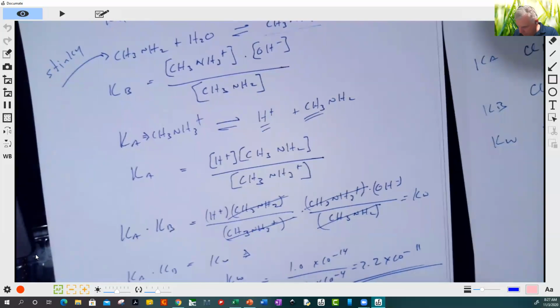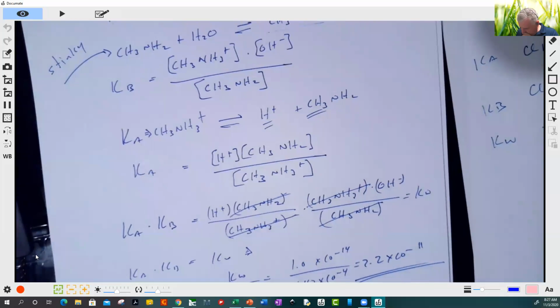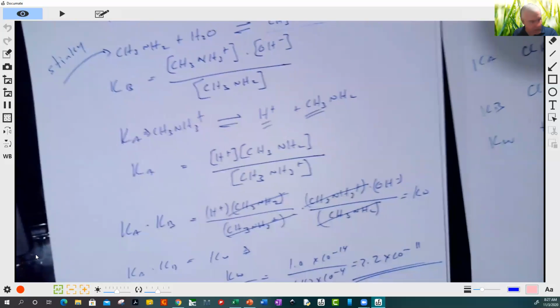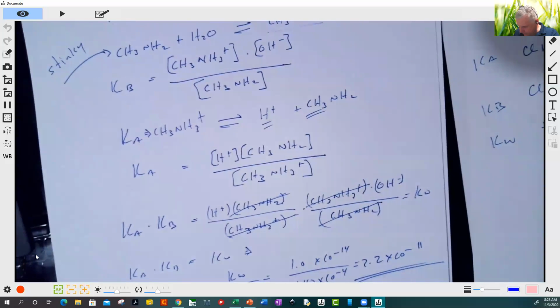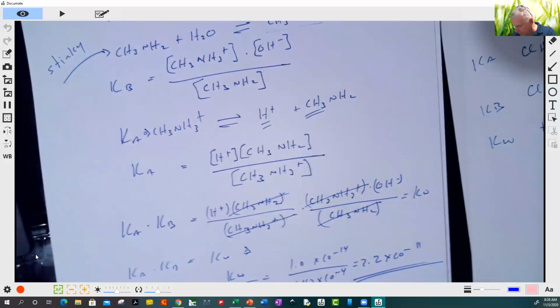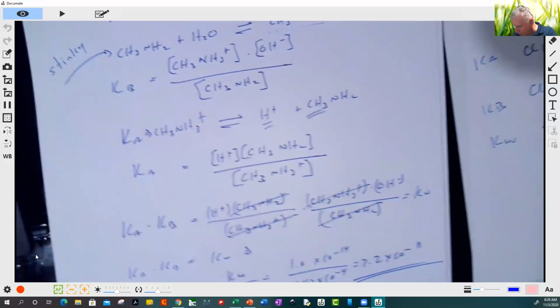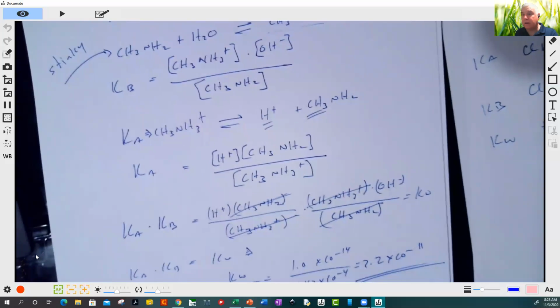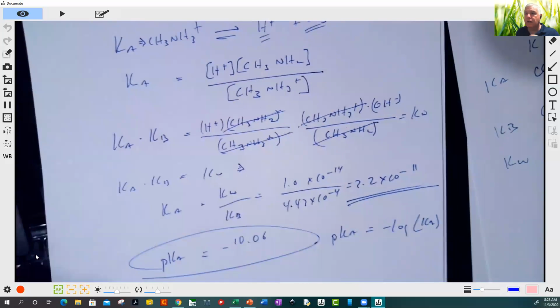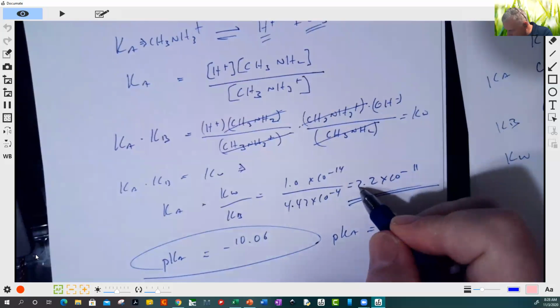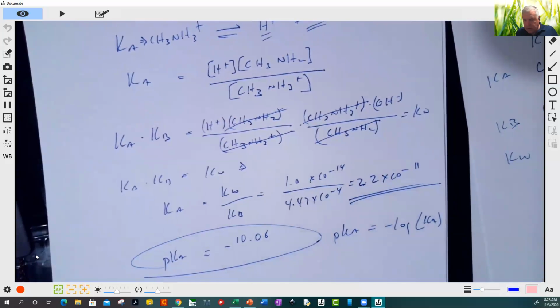So the, oh, the pKa is equal to 10.66, because the pKa is the negative log of Ka. Sorry, I'm off screen. It's 2.2.